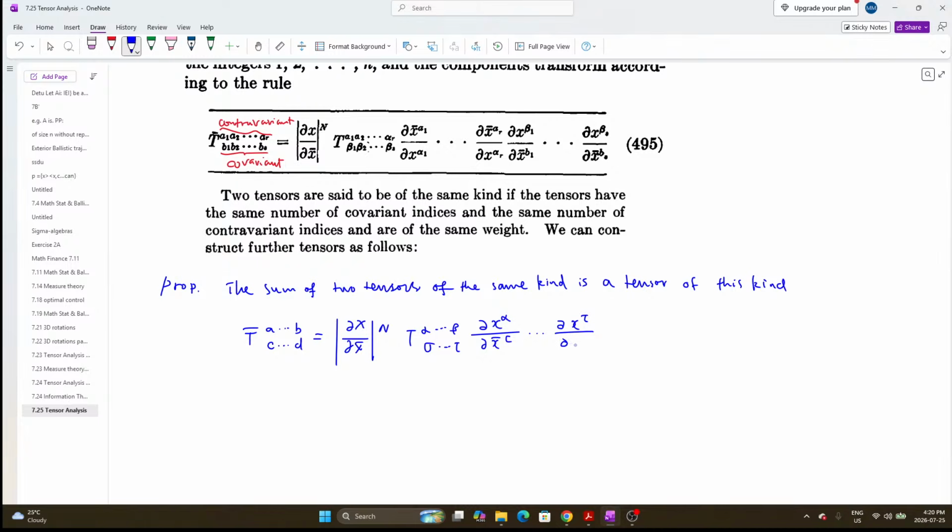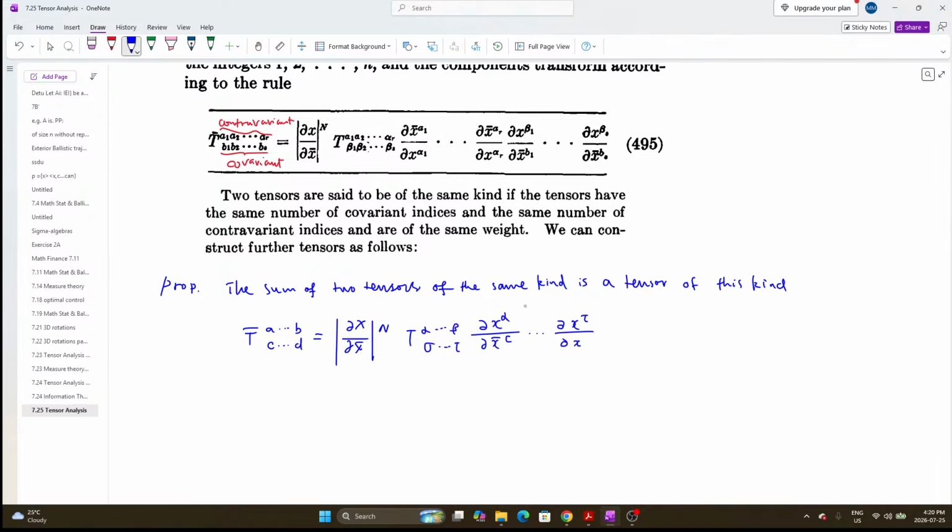Dx tau over d. Hold on a second. Sorry, this is not alpha. My bad. Okay, so dx should be sigma. My bad. Summation sigma.